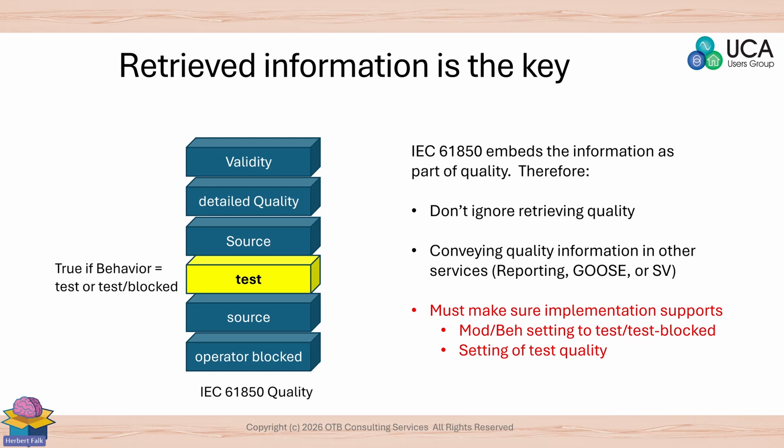But when you go into test mode or test blocked, the quality associated with the data shows that you are in test mode and if you are in blocked mode. And if you are sending quality data back to your HMI or SCADA system, it knows that the source is not reporting real operational data and can let the operator know.